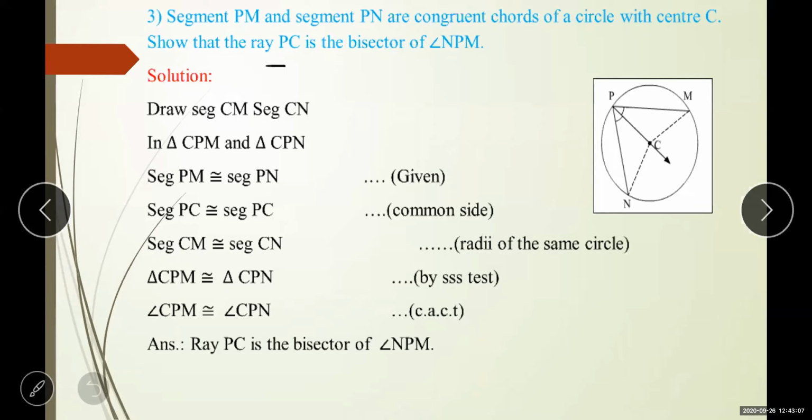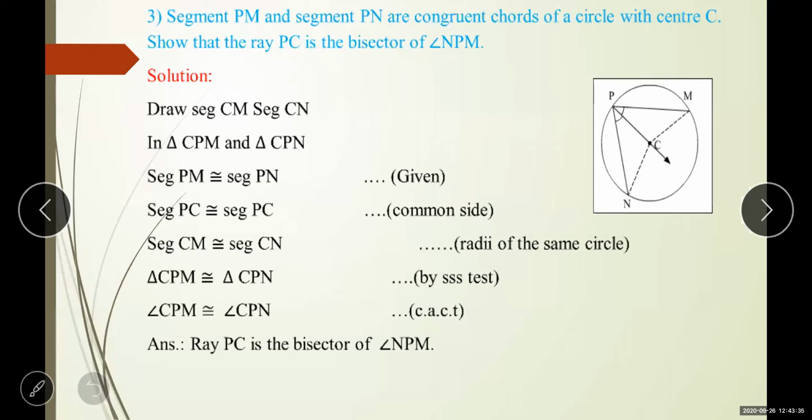How will you show that PC is the bisector? When we get these two angles equal or congruent. Which angles? NPC and MPC. If we prove these congruent, that means PC is the bisector. Now how will you prove that?